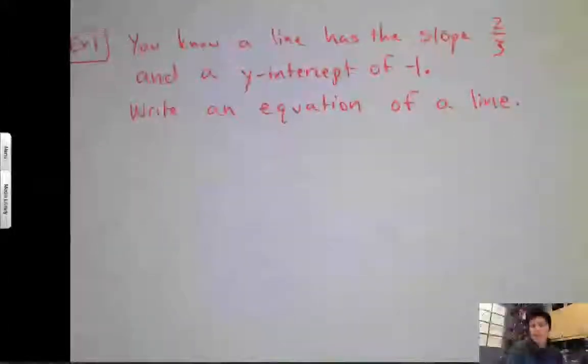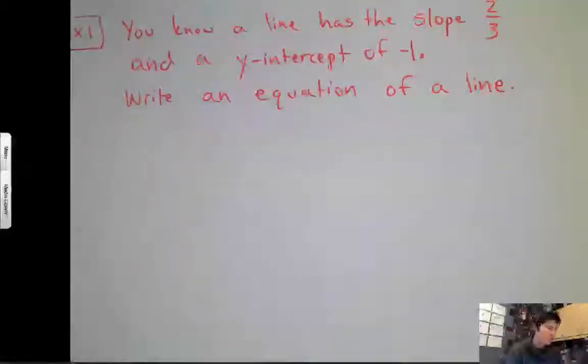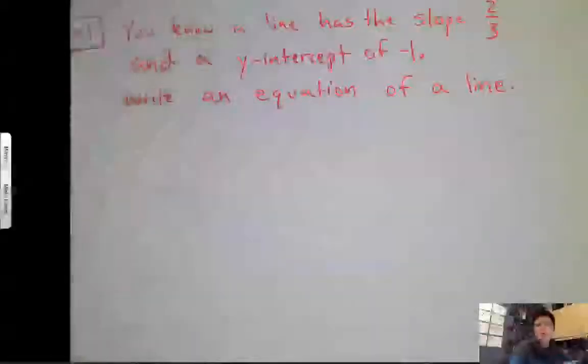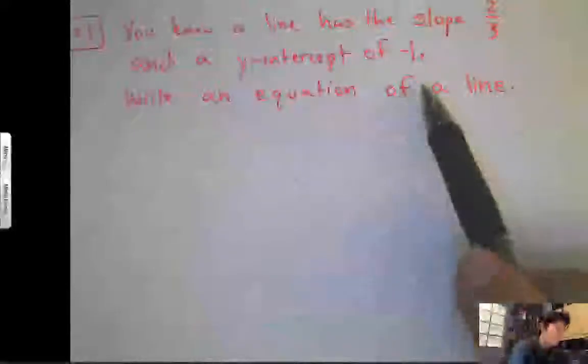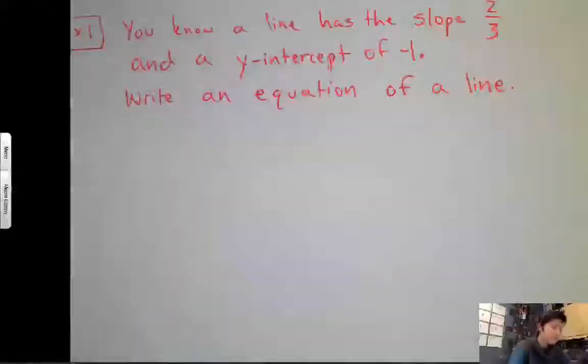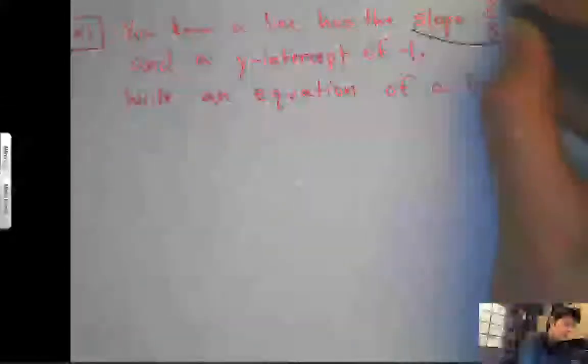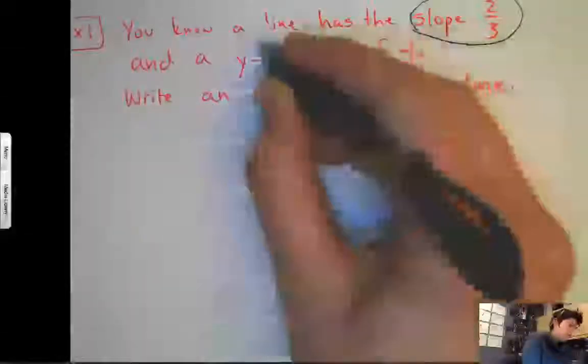So here's the example. Feel free to pause the video if you need to. Example 1. You know a line has the slope 2/3 and a y-intercept of -1. Write an equation of a line. Okay, so you know that there is a slope of 2/3, I'll circle that, and a y-intercept of -1.